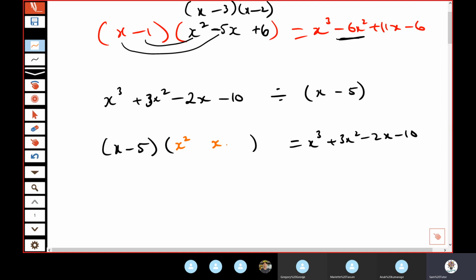Then again, you know that that's going to be your x term. So you need to get +3. So you're equating coefficients of x squared. On your right hand side you've got 3, on your left hand side you're going to have -5 plus the a, which means a equals 3 plus 5, which is 8.